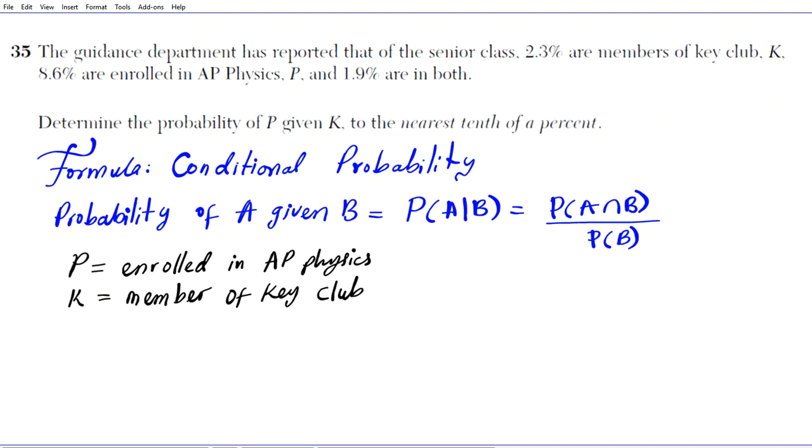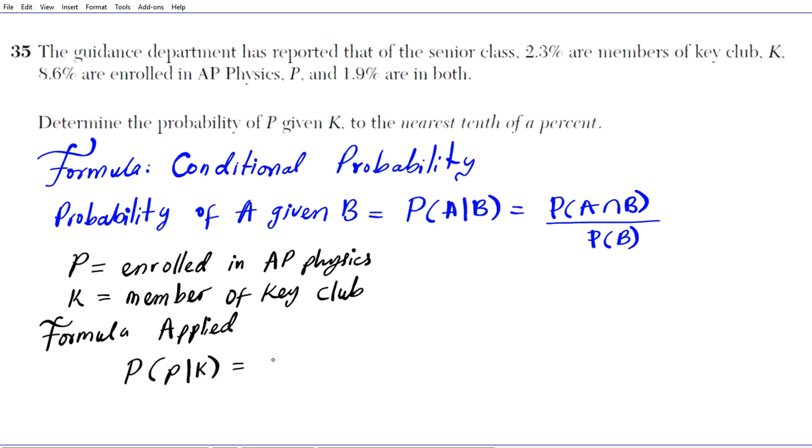So now let's go ahead and apply this probability formula to this particular problem. What are we going to have? We're going to have the probability of P given K, the probability of being enrolled in AP Physics, given that a student is a member of Key Club.